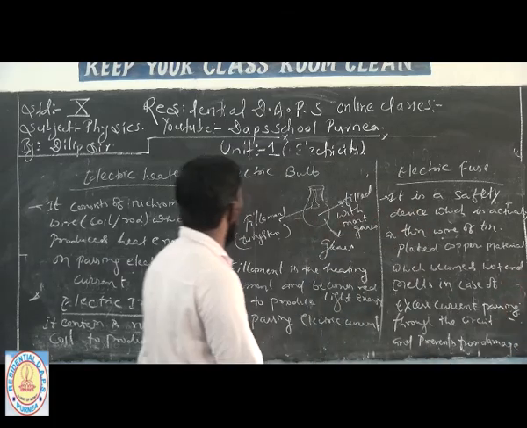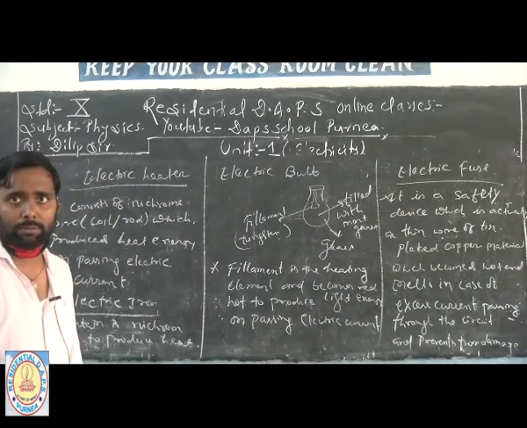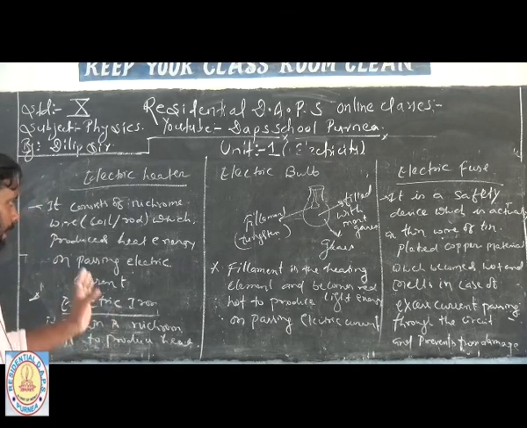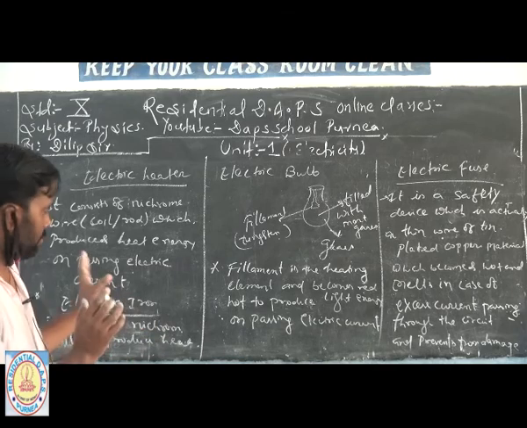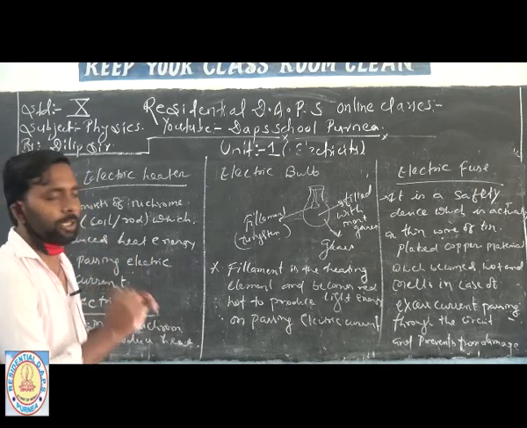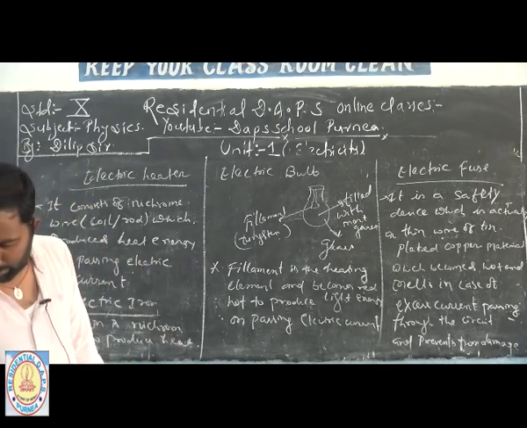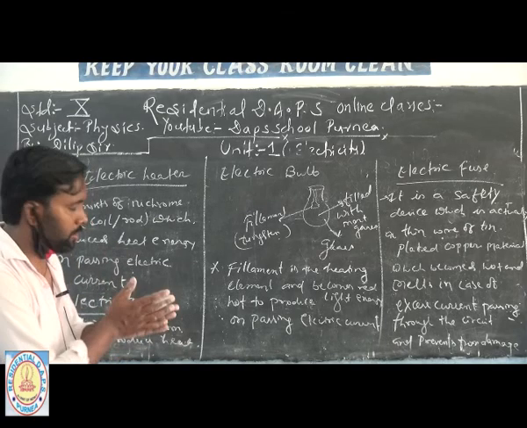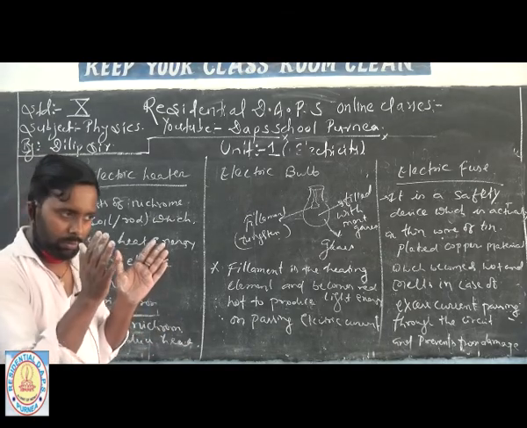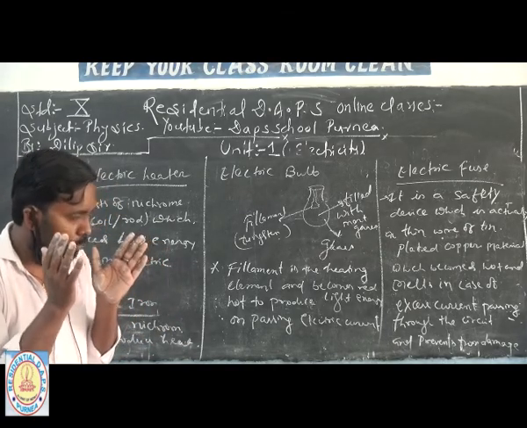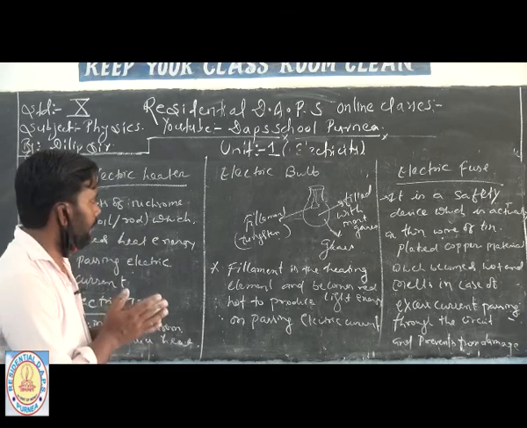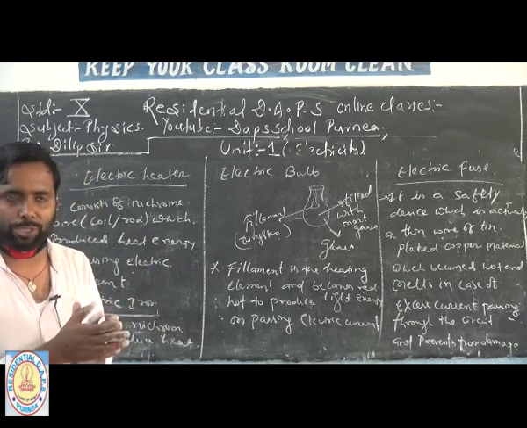So students, this completes your chapter 1. Chapter 1, that is electricity, is completed now. This was the last topic of electricity, and now you have to learn all this. You have to read the books properly and solve questions.